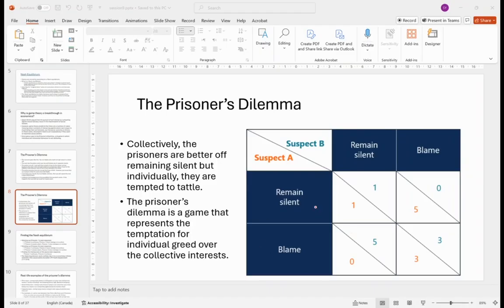So for this specific game, blame was the dominant strategy. It was always the best response, regardless of whether the other player is playing silent or blame, right? Since it's the best strategy across all of the other player's strategies, each player is going to play the dominant strategy. And when you find the equilibrium, if players have a dominant strategy, you only need to see where these two dominant strategies intersect.